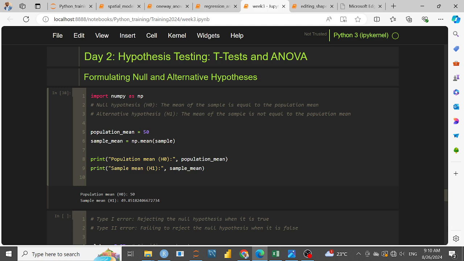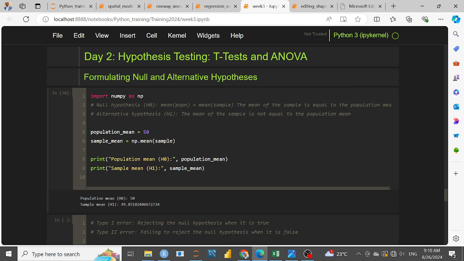So I can as well say mean, in bracket, population or x bar population, equals mean of sample. That's what this means. The alternative hypothesis says the mean of the sample is not equal to the population mean, so we just say they are not equal.